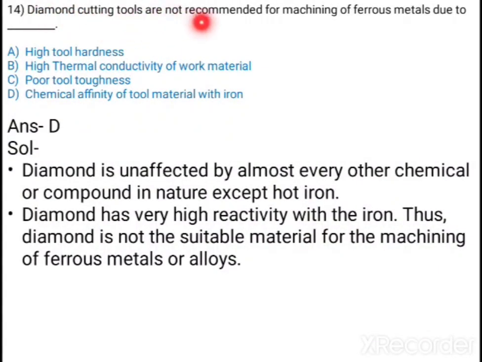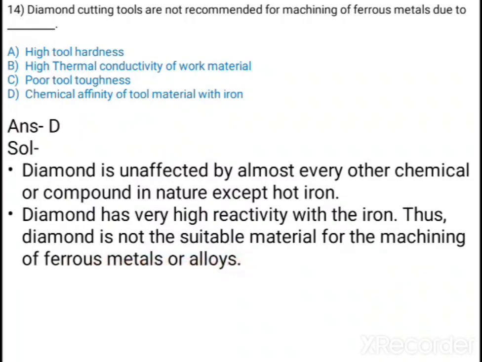Diamond cutting tools are not recommended for machining of ferrous metals due to. Diamond is unaffected by almost every other chemical or compound in nature except hot iron. Diamond has a very high reactivity with iron. Thus, diamond is not a suitable material for the machining of ferrous metals or alloys.